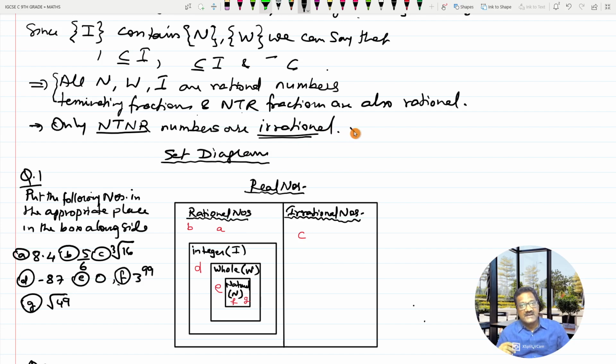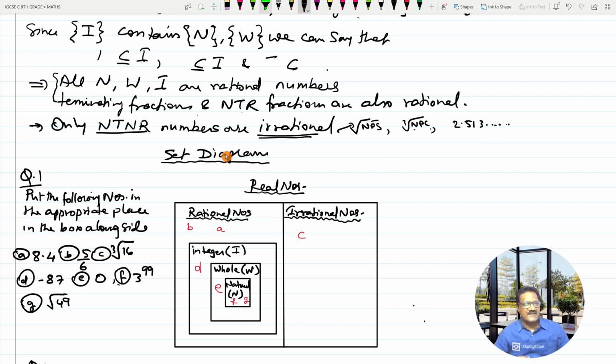As I told you, if under a square root sign you have a non-perfect square, or under a cube root sign you have a non-perfect cube, NPC means non-perfect cube, NPS means non-perfect square, then such numbers are also irrational numbers. And suppose in decimal form you have 2.513 dot dot dot, and you find these dots after the numbers at the end, then that also indicates they are irrational numbers. So this way you can immediately identify which are rational and which are irrational.